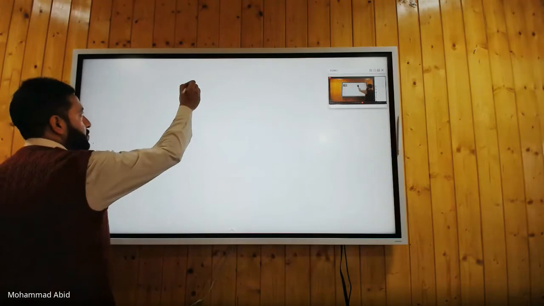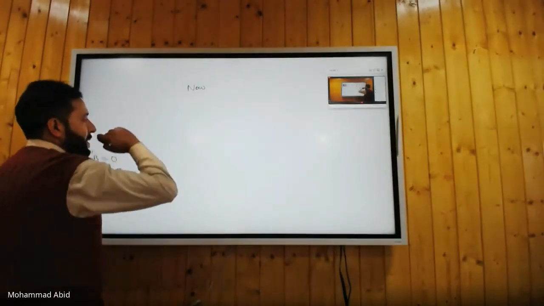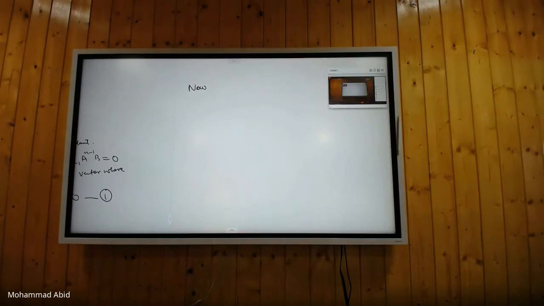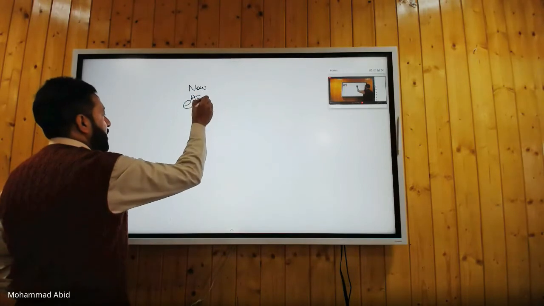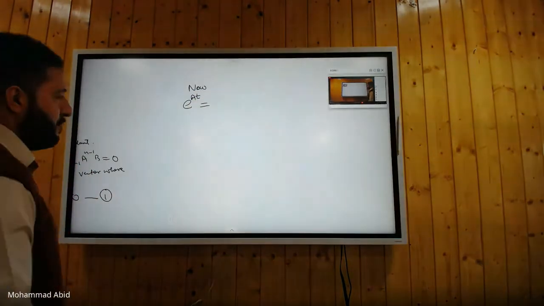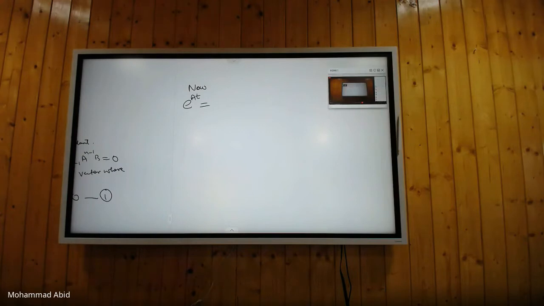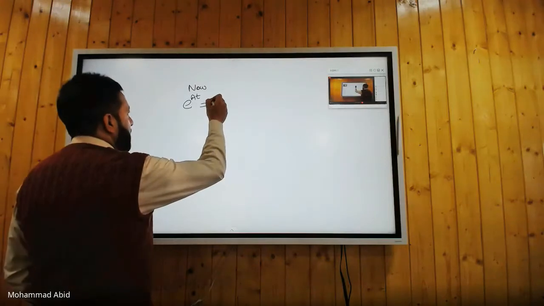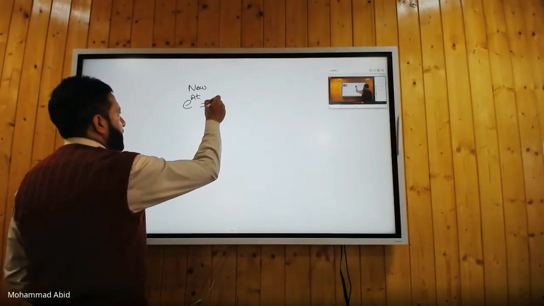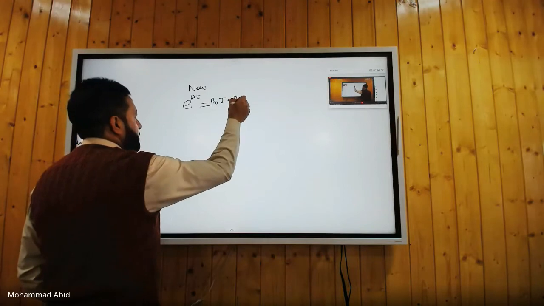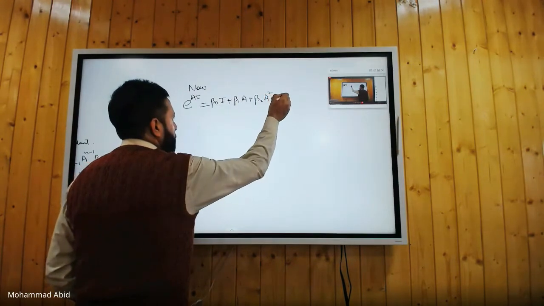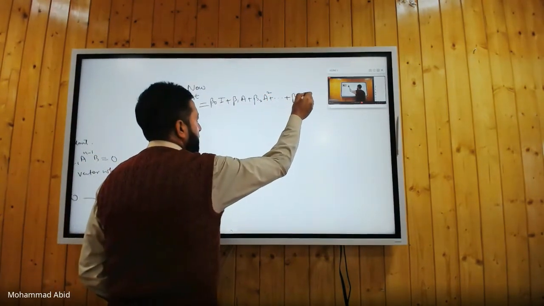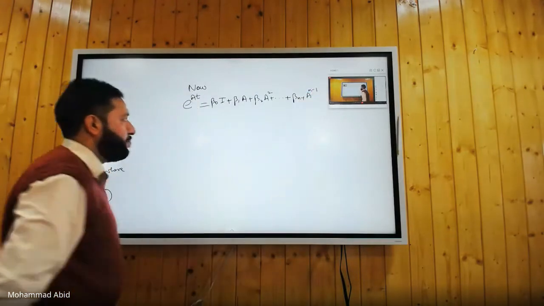Now, take this. You know that e to the power At is the state transition matrix. As we have just now told, using the Cayley-Hamilton theorem, we can express it as a sum of polynomials. It's represented as a polynomial matrix, so we can write it as beta naught I plus beta 1 A plus beta 2 A square plus so on, beta n minus 1 A to the power n minus 1.